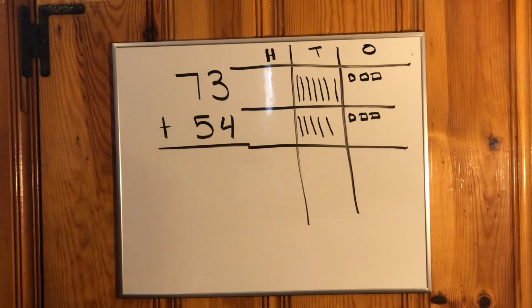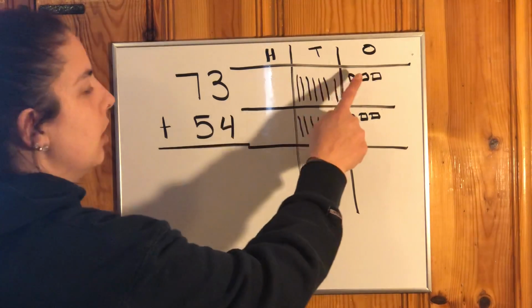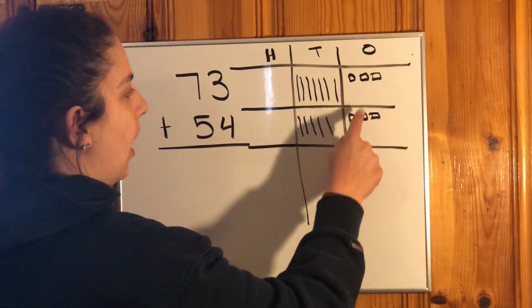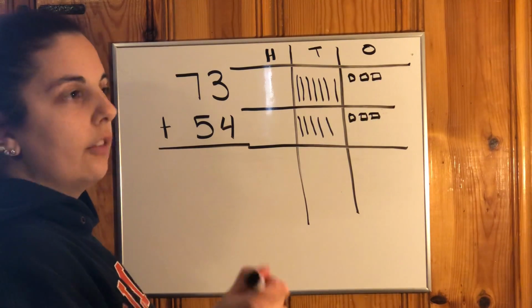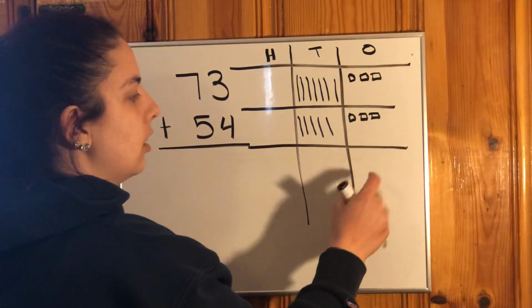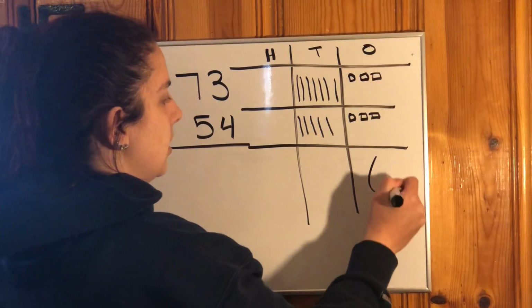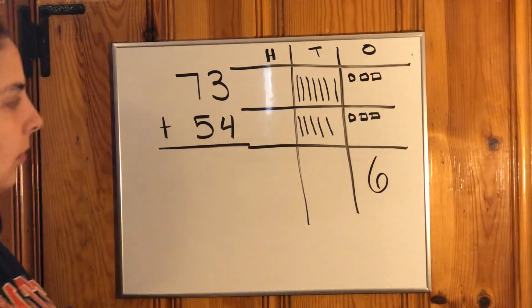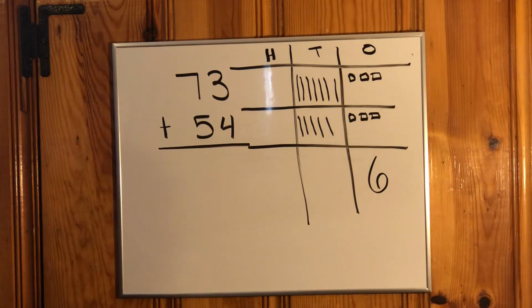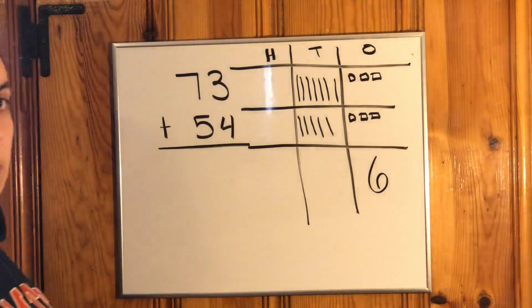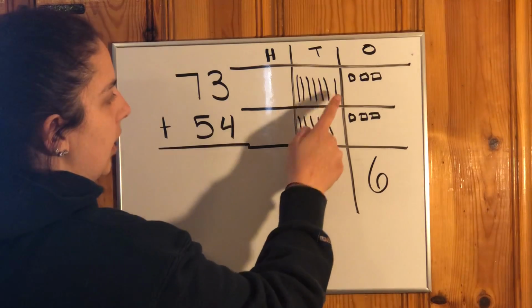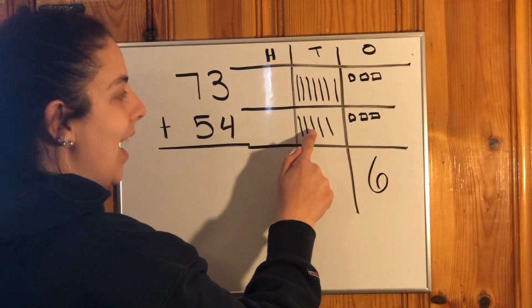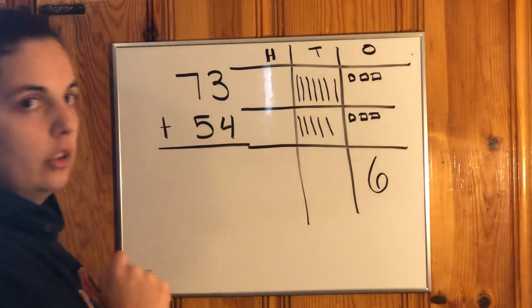Okay, so ones. I have 1, 2, 3, 4, 5, 6. I counted them all up. And since it's less than 10, I don't have to draw anything. I can just put my answer down here. So there's 6 ones. Now my tens, I'm going to count them up. 1, 2, 3, 4, 5, 6, 7, 8, 9, 10, 11, 12.